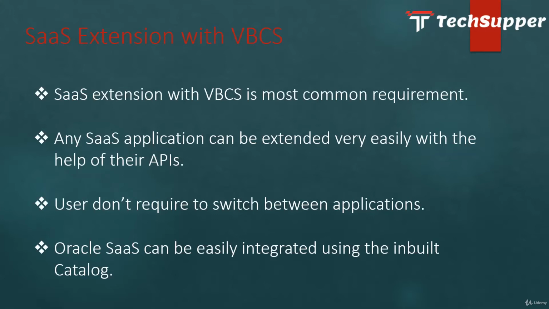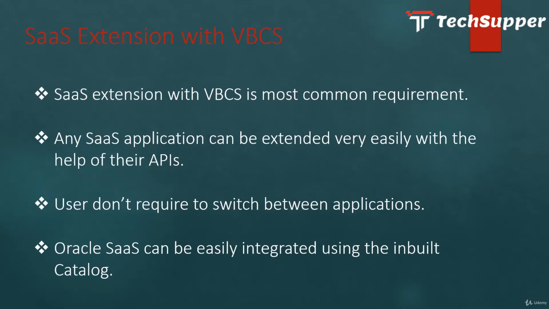So what you can do is extract the functionality of these two SaaS applications in VBCS, and once you launch your VBCS application, you can give access of the VBCS application to the users, and users can use the functionality of your SaaS applications. Users don't need to switch from one application to another. So that will be a unified platform from where a user can use the functionality of different SaaS applications.